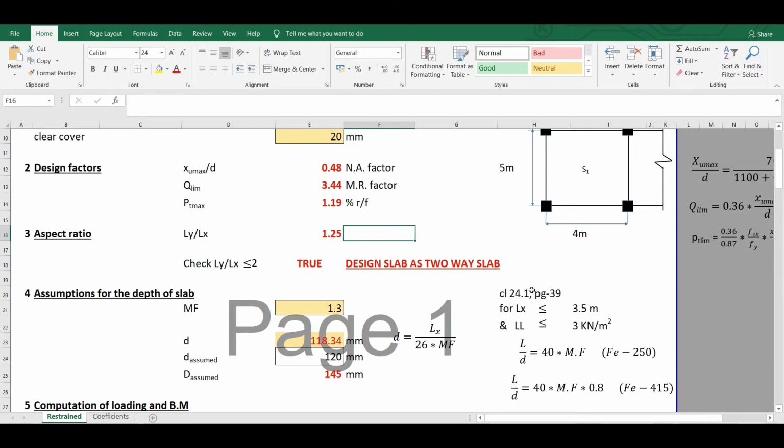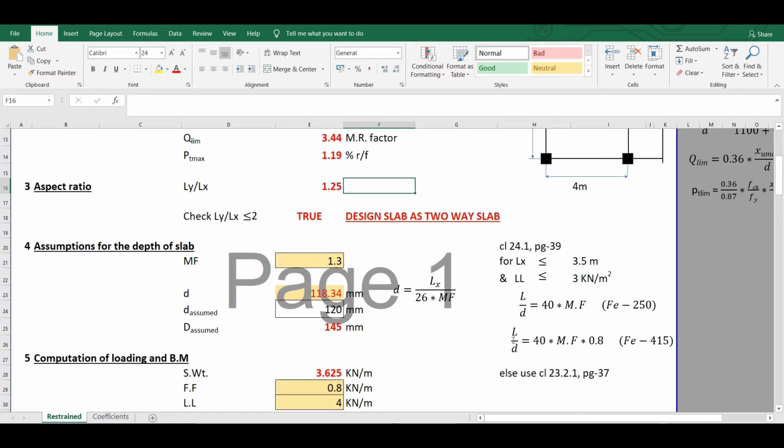As per clause 24.1 given on page number 39, when the effective shorter span is less than 3.5 meters and the live load is less than or equal to 3 kN per meter square, the span by depth ratio for the continuous slab is given by 40 into modification factor, and the span by depth ratio is equal to 40 into modification factor into 0.8 if we are using Fe415 grade steel.